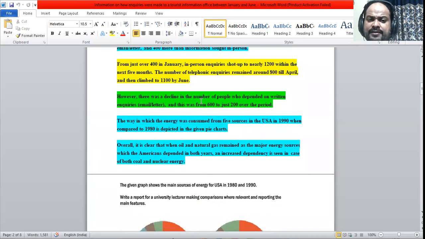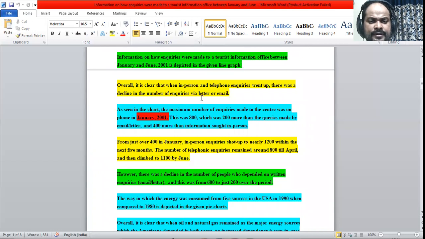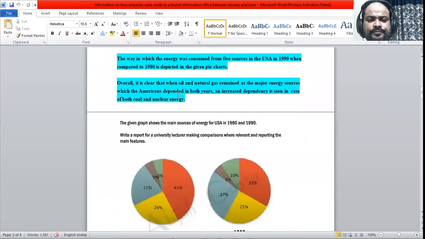First, let's see what an introduction is. The way in which the energy was consumed from 5 sources in the US in 1990 when compared to 1980 is depicted in the given pie charts.